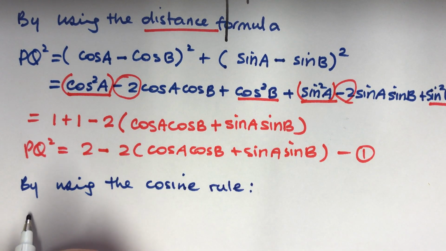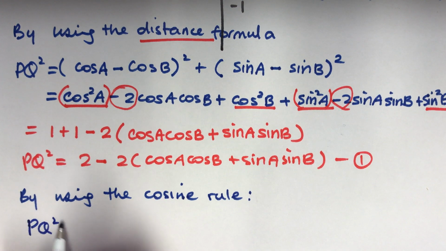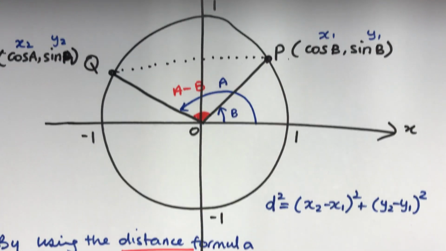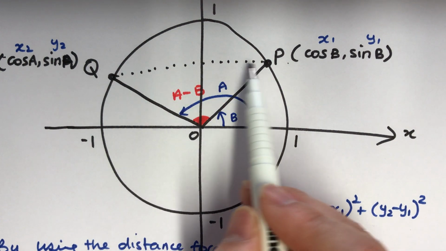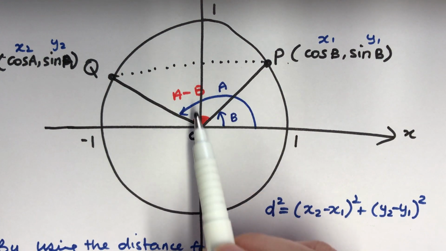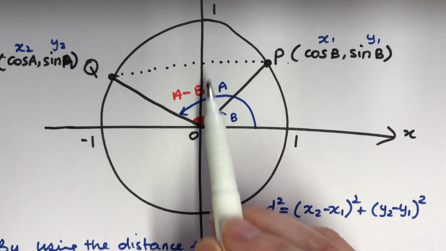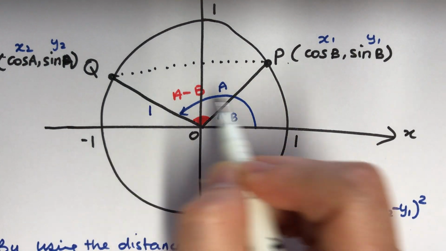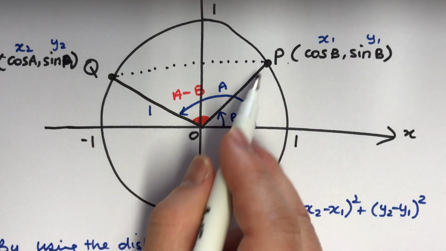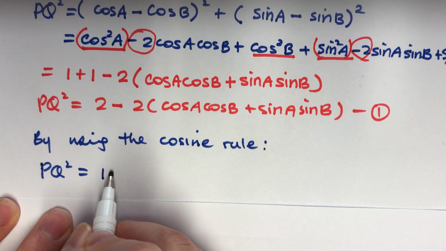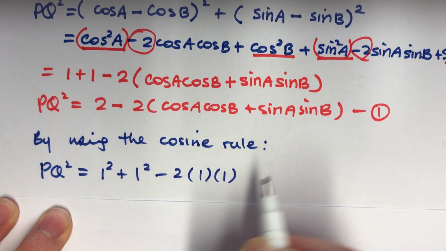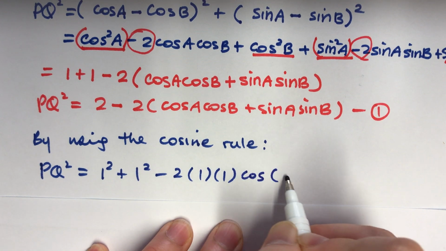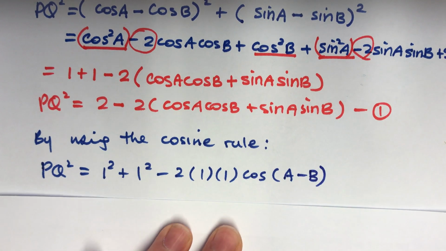PQ squared equals, this is the triangle I'm looking at, and PQ is the one I want to find out, so it's the opposite angle I have to use. Remember, this is a unit circle, so the sides are 1. So it'll be 1 squared plus 1 squared minus 2 times 1 times 1 times cos(A − B).